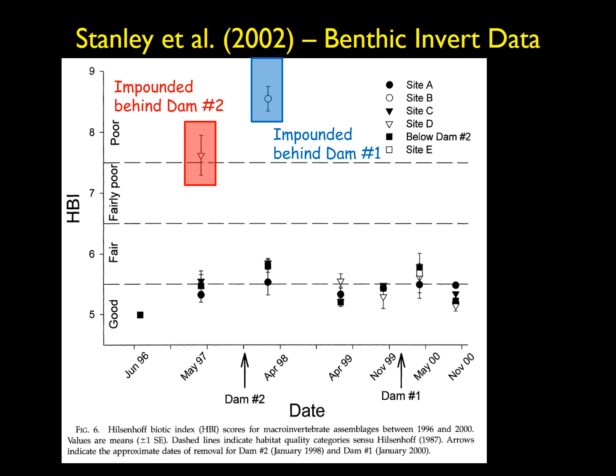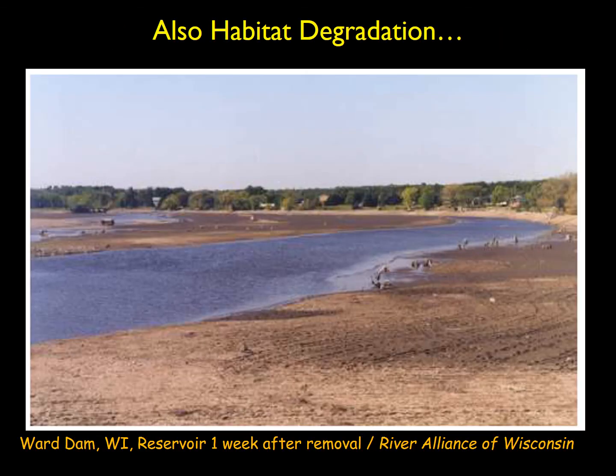Again, you look at site B and you see some open circles. They're overlapping there, but they've moved out of the fairly poor area. So it does look like, based on these data, removing dams does a pretty good job of improving habitat in the area that had been previously impounded behind the dam.